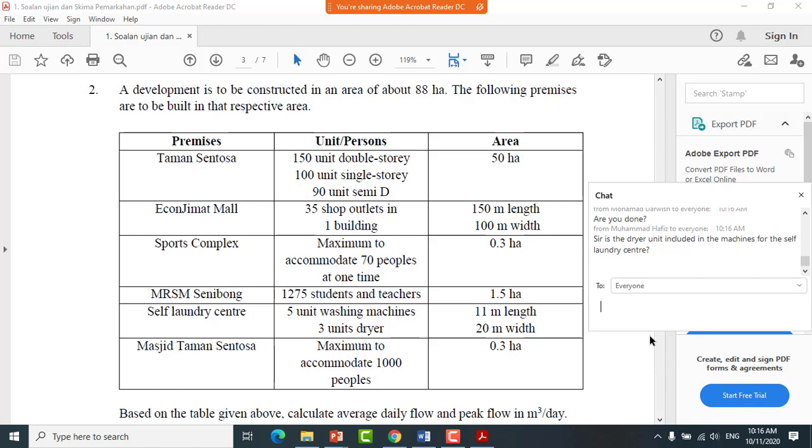Now think about it. Which one uses the water? In the self laundry we have dryers and washing machines, so which one uses water? You have to include it. This is a trick.